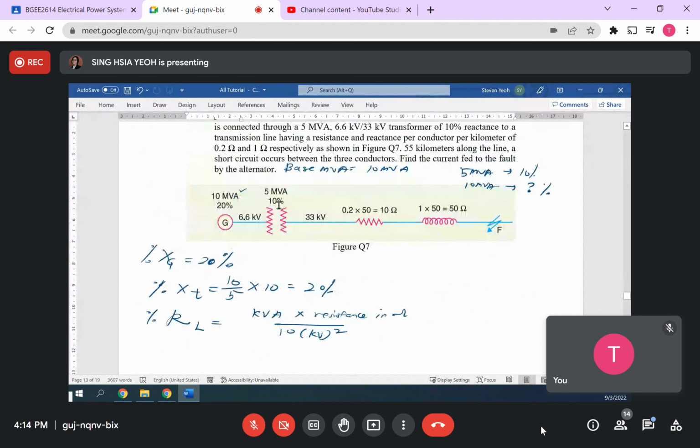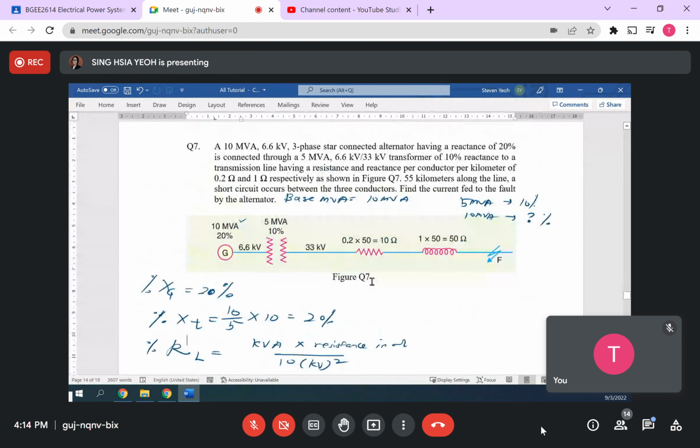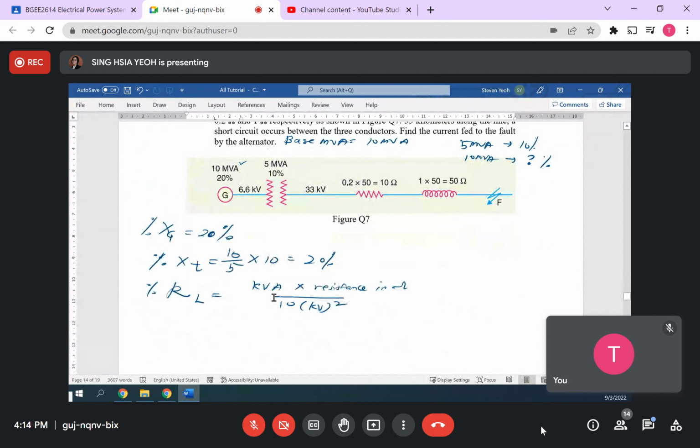So what is kVA? Now it's 10 MVA, right? So 10 MVA, you need to substitute kVA. So it will be 10K, right? Times 10 to the power 3, 10K. Resistance will be 10 ohm, right? In ohm, resistance 10 ohm.